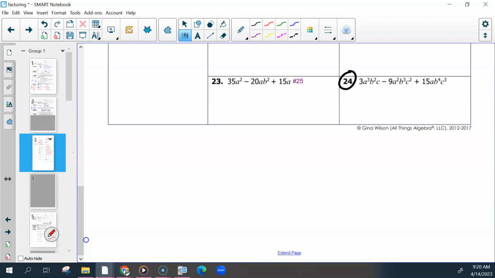What's the highest number we can divide out of each? 3. Look at your variables, look very closely, look for the lowest exponent of each variable. 1A, 1B, 1C. 1A. It's 2 B's and 1 C, yeah.